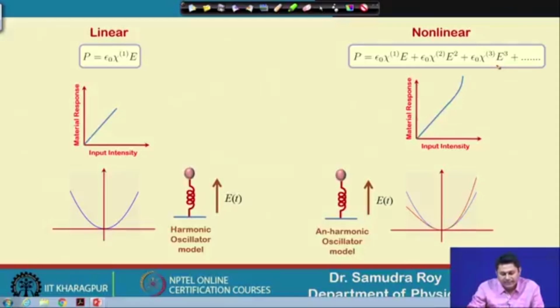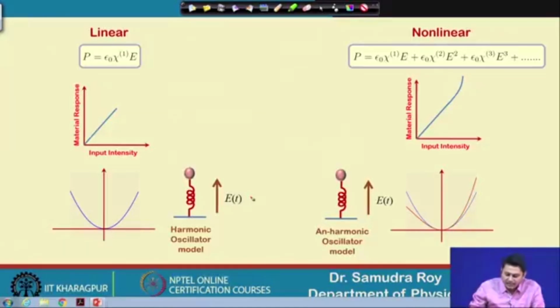Now, if the electric field is very high, then this vibration or the electron mass model will not remain harmonic in nature. Some kind of anharmonic effect will come because I am launching an electric field which is very high.